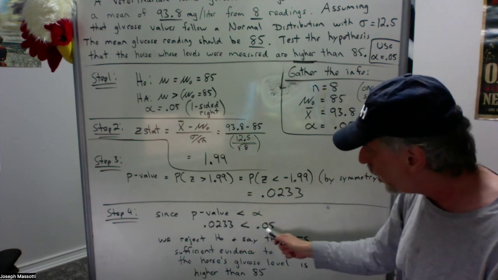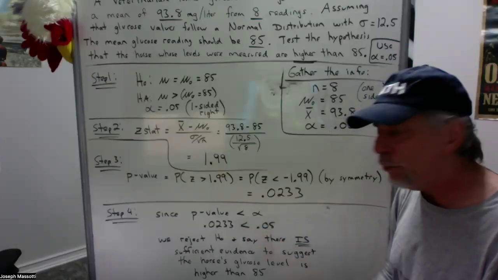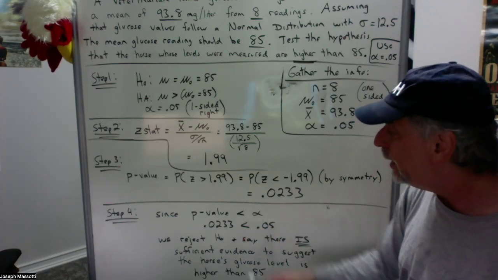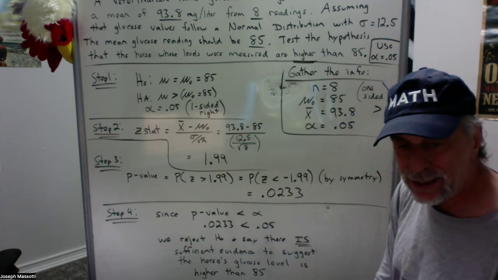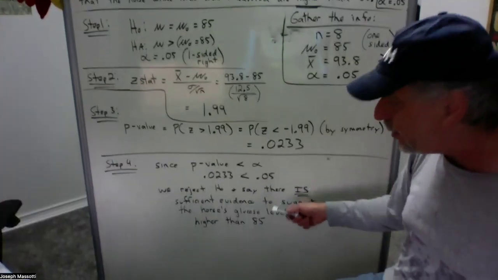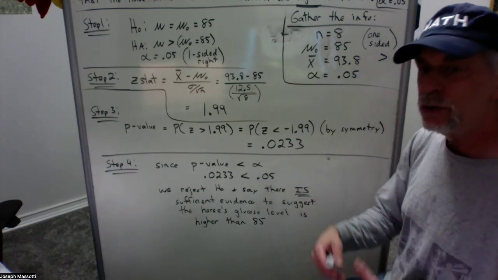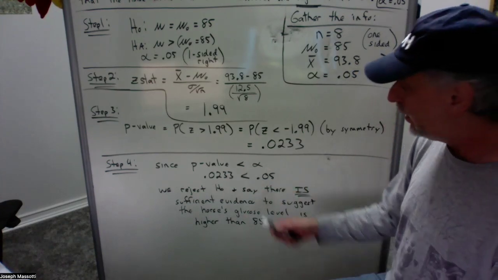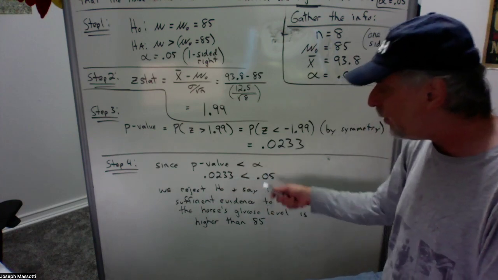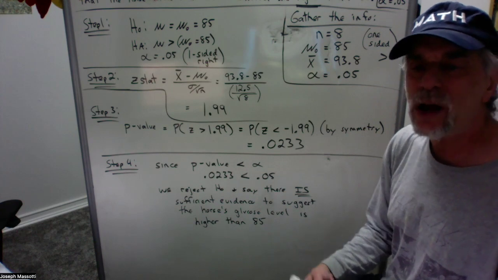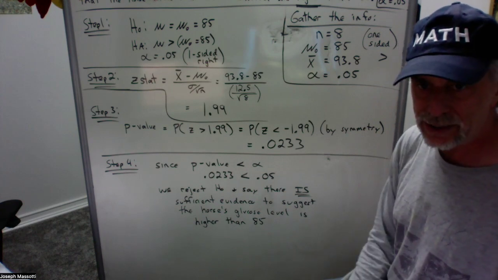We compare it to our alpha level, and we make a conclusion based on that p-value and the alpha level. If the p-value is less than alpha, we reject the null hypothesis and say there is sufficient evidence to suggest the alternative. If the p-value is greater than alpha, then we do not have enough evidence to suggest anything other than what we thought going into the test.